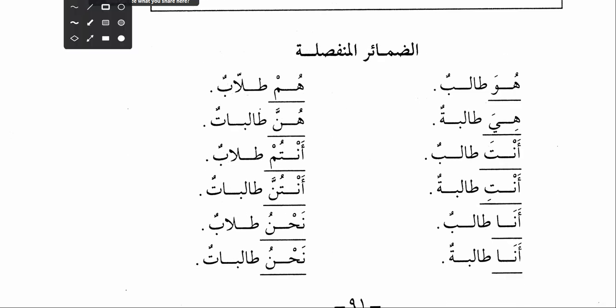So let's see the last part. Ad-damair al-munfasila. What is the munfasila? Munfasil comes from the root word fa sa la. So fasala is a verb, okay? And fasala means separated. There is a gap in between. So munfasil means those which are separate. Those pronouns which are separate.